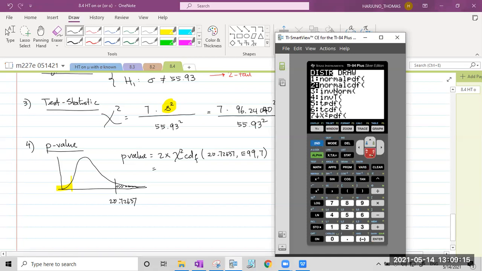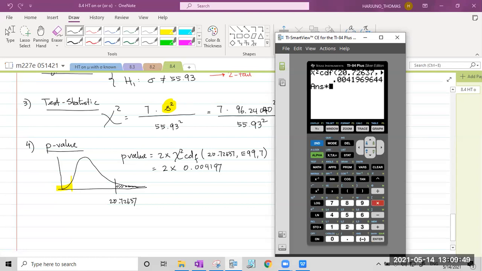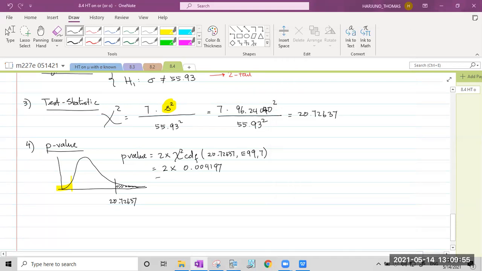Chi squared CDF, lower bound 20.72637, upper bound, make it a super big number, degree of freedom 7. 0.004197. Multiply that by 2, 0.00839.